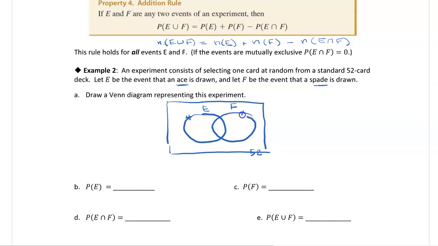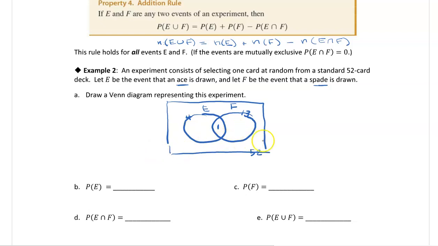So that's a total of 13 spades. Now, the intersection here is drawing an ace and a spade. We're not drawing two cards, we're drawing one card that is an ace and a spade. So the intersection is just the ace of spades, and there's only one of those cards. I'm going to put a 1 there.